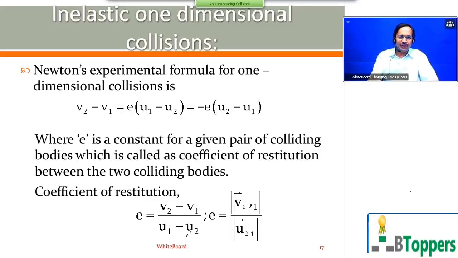So coefficient of restitution e can be written as (v2 minus v1) by (u1 minus u2), or e equal to modulus of v bar subscript 2,1 divided by modulus of u bar subscript 2,1. v bar subscript 2,1 represents the relative velocity of m2 with respect to m1 just after collision. u bar subscript 2,1 represents the initial velocity of m2 with respect to m1 just before collision.